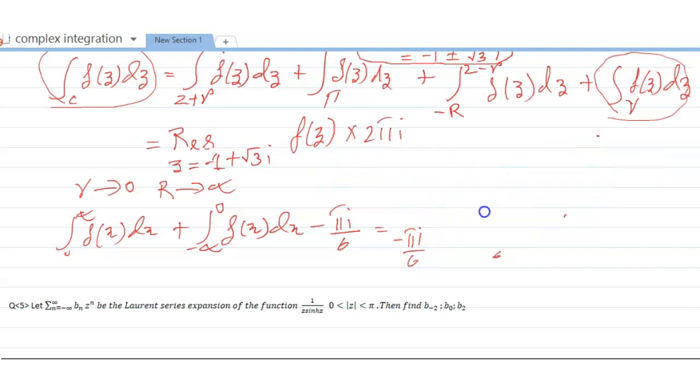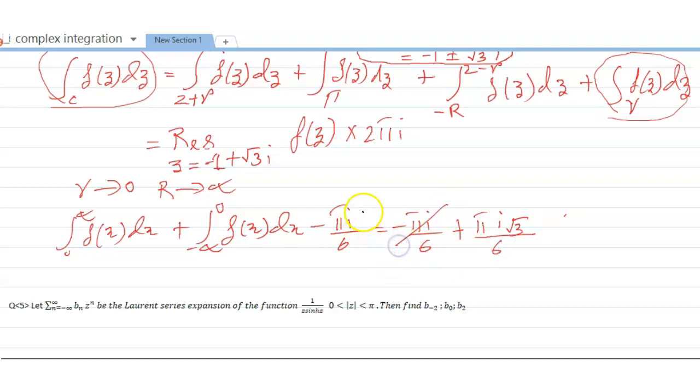Friends, you will write down everything, because I just removed this portion and I write it again: minus pi i by 6, and plus pi i root 3 divided by 6.